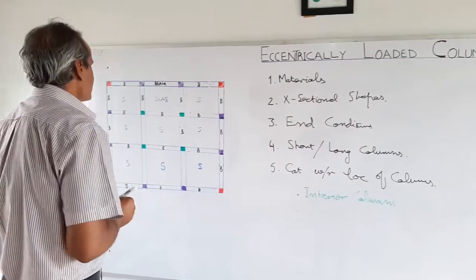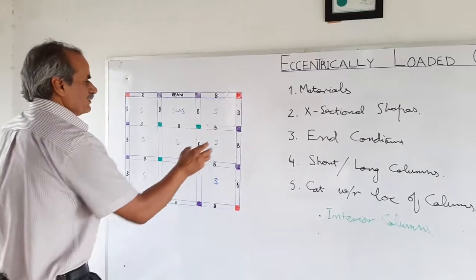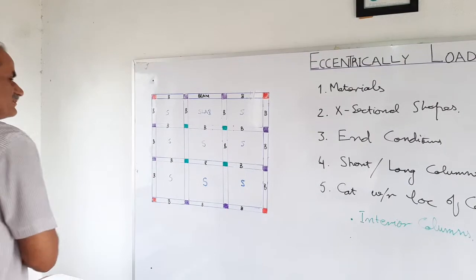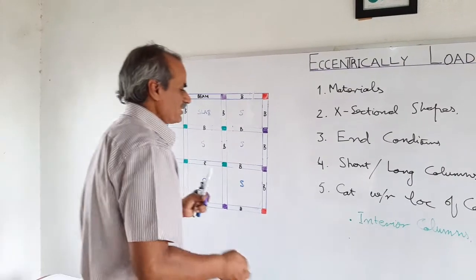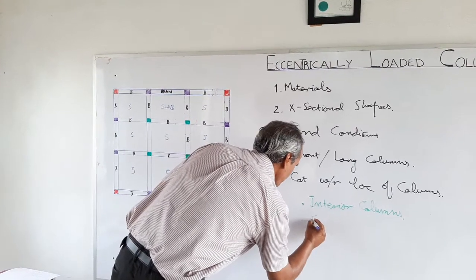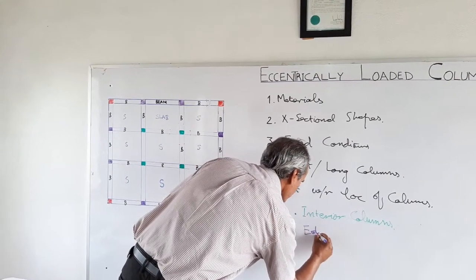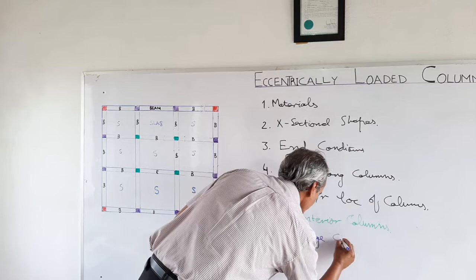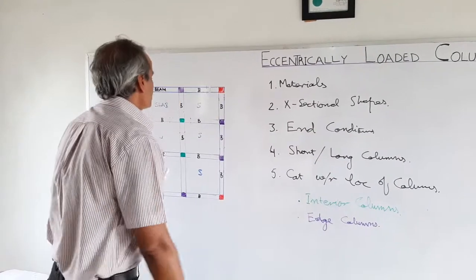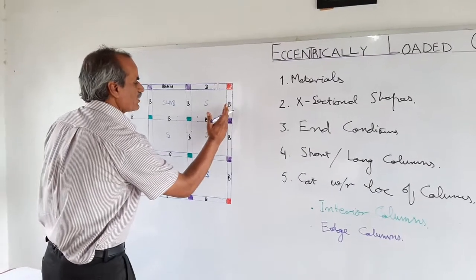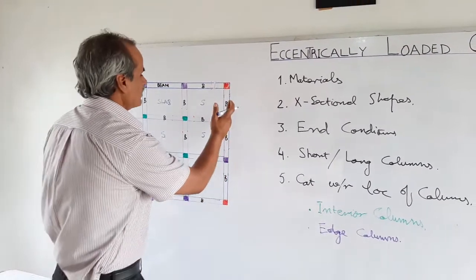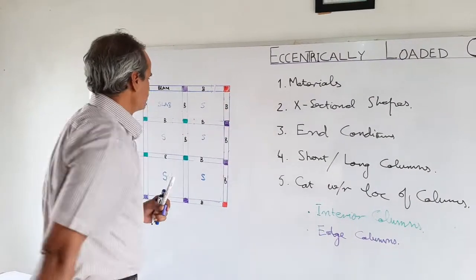Then the second category is marked with indigo color, and these are edge columns. If you see, these are being loaded from only 2 quarters, and 2 of the quarters are empty or discontinuous.